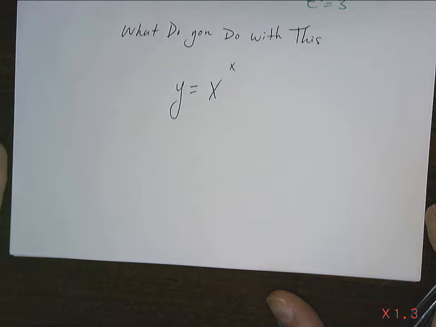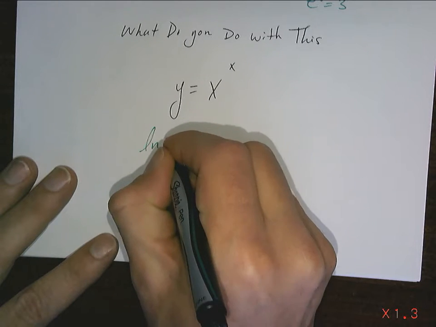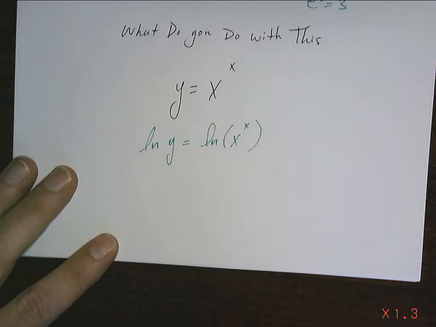So I'm going to use log base e. In other words, I'm going to use ln. So I'm going to take the ln of both sides of this equation, and why do I choose to take the ln of it? Because I can take the derivative of that when the time comes.